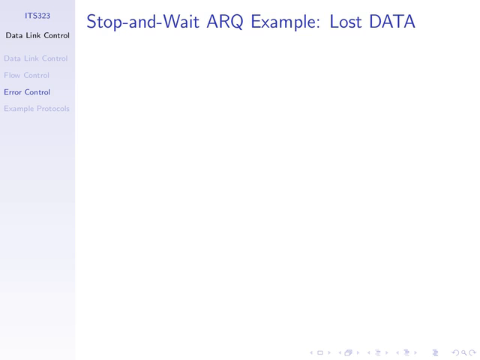That's the same concept here. Try multiple times. If we try the maximum number of times, then we cannot deliver the data. We've got an error. So these are two parameters that need to be defined in any stop and wait error control protocol.